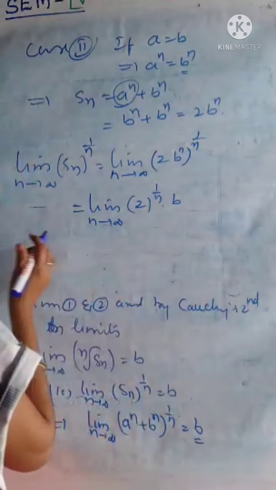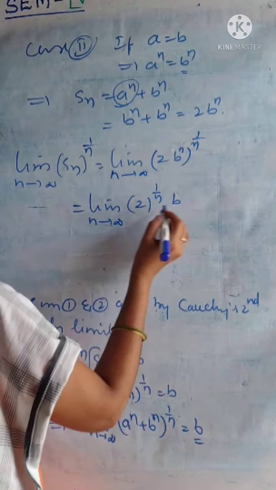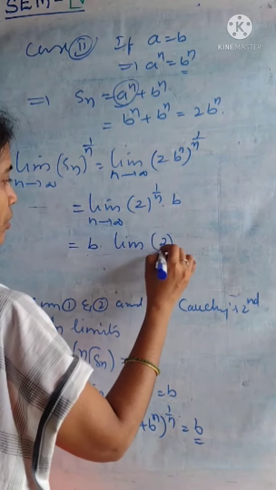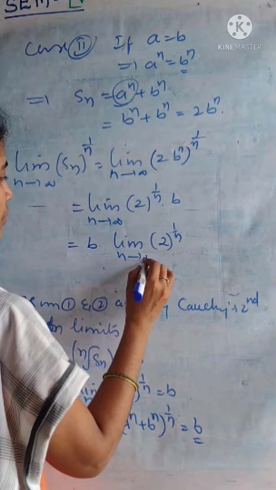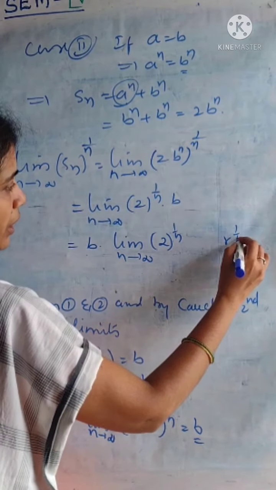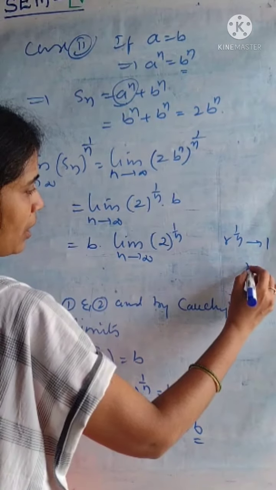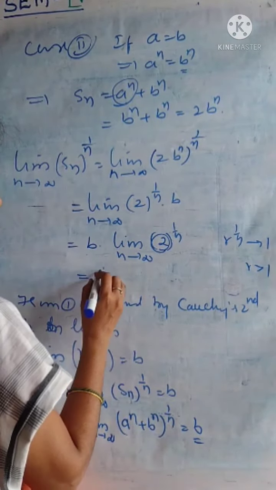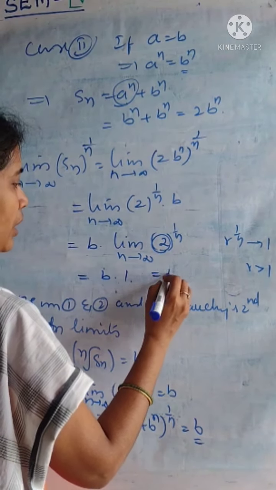Since b is independent of n, take it out of the limit, times the limit of 2^(1/n) when n tends to infinity. The limit of r^(1/n) tends to 1 when r is more than 1. Here r value 2 is more than 1, so its value is 1. b into 1 is b.